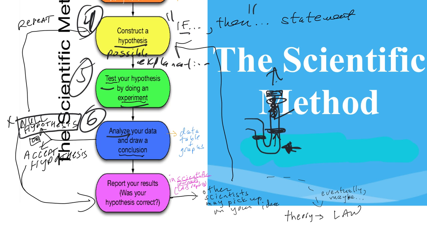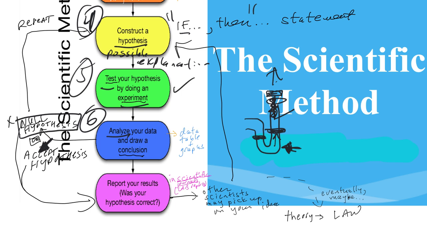It drained very easily, very quickly. So I tested my hypothesis with an experiment. And now I accept the hypothesis that it was insoluble junk that wouldn't be dissolved in water that was clogging the drain. And I report my results.